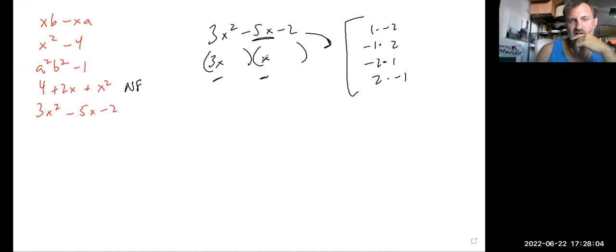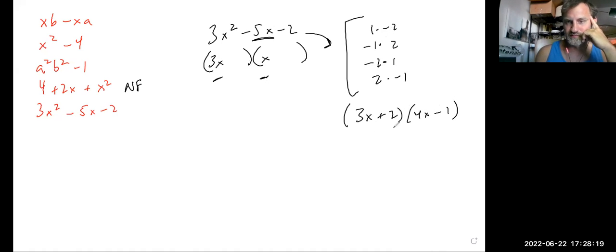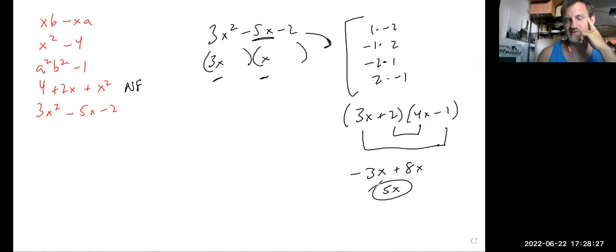And so again, one of the things that I really emphasize when I teach factorization is binomial multiplication as a means of understanding what your options are. So for instance, when I do 3x plus 2 times 4x minus 1, if you just look at that inside-outside part, minus 3x plus 8x, you can see that the middle term is going to be 5x.